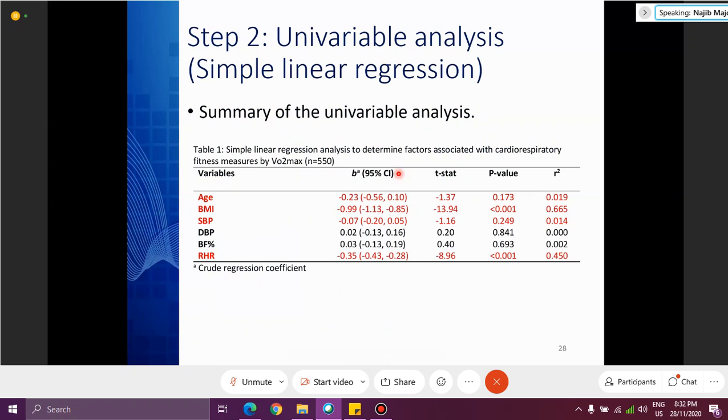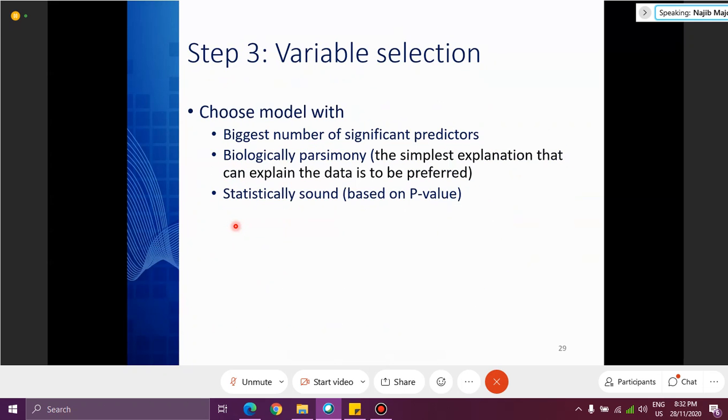For example, when you perform stepwise, forward and also backward, for example the forward method retains 3 variables and the backward method retains 4 variables, right? So you need to choose the model which has the biggest number of significant predictors, and the model must be the simplest model and also statistically sound based on p-value.